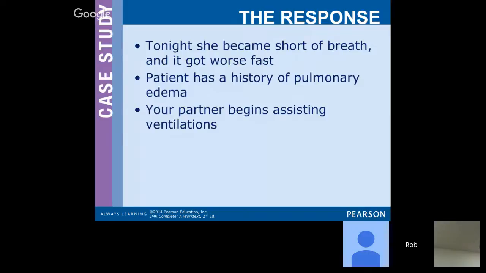Understand, PEEP is a portion of CPAP. Positive end expiratory pressure means that you have positive pressure as you're breathing out. CPAP has pressure both on the exhalation and inhalation.